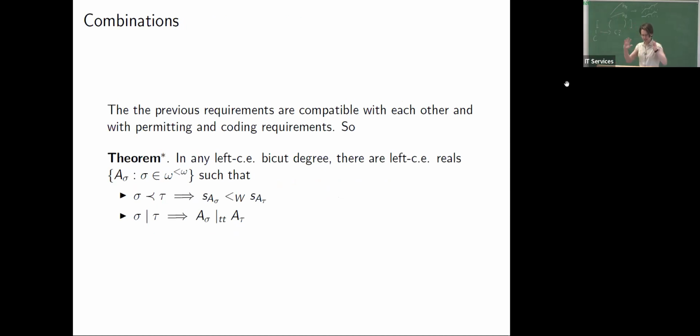Putting that all together, we can show that in any Left-c.e. bicut degree, which is the same as a Turing degree, you can find a whole collection of Left-c.e. reals indexed by omega to the less than omega, so that anytime you have a strict increase of an element of your tree, you get a strict step reduction, and you get Turing incomparability or step incomparability whenever the elements of the tree are incomparable to each other.